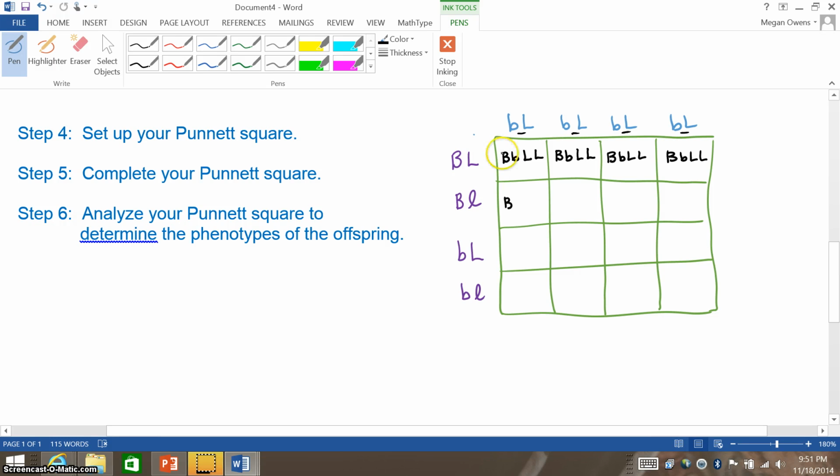As you can see, next row would be big B, little b, big L, little l. The third row would be little b, big L, big L. And the fourth row would be little b, big L, little l.